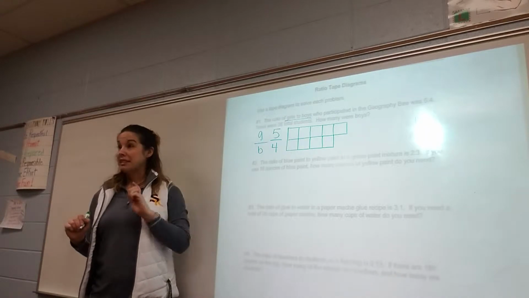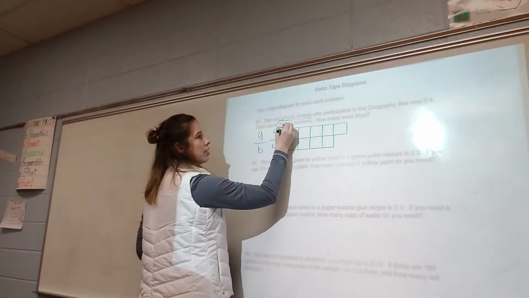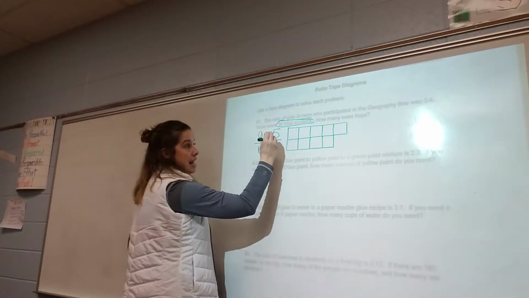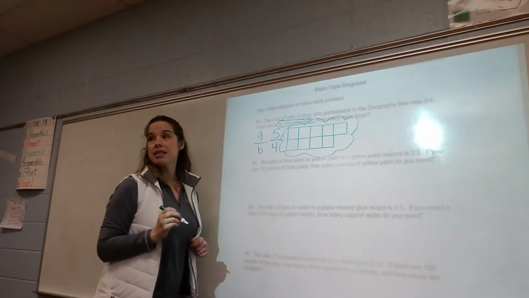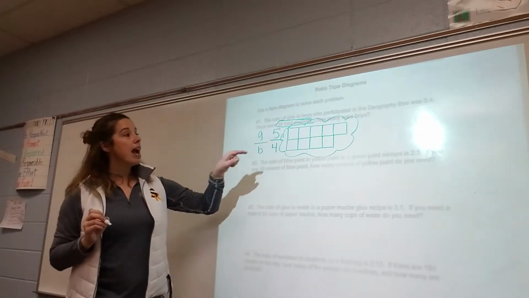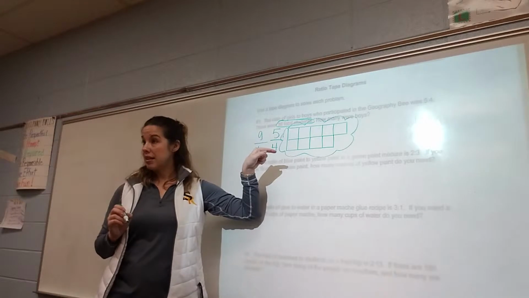Now, it says that there were a total of 36 students. So in this tape diagram right here, there has to be 36 students. And there has to be the same number of students in every box.